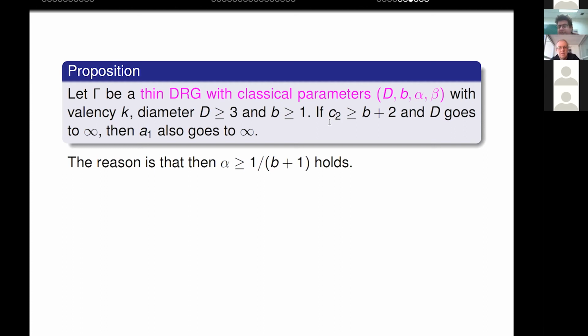It's just a consequence of the classical parameters. You look at the expressions for a1 and then you see immediately the statement. So this is a global statement about distance regular graphs with classical parameters. Yes, okay. Thank you.